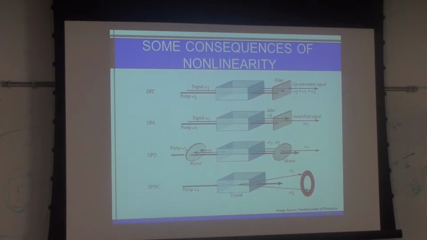Okay? Omega 1, omega 2 correspond to the associated frequencies. And what does that nonlinear system do? Well, this could be, for example, a Chi2 system. It will add those frequencies together, potentially, and you can subtract those frequencies, potentially.